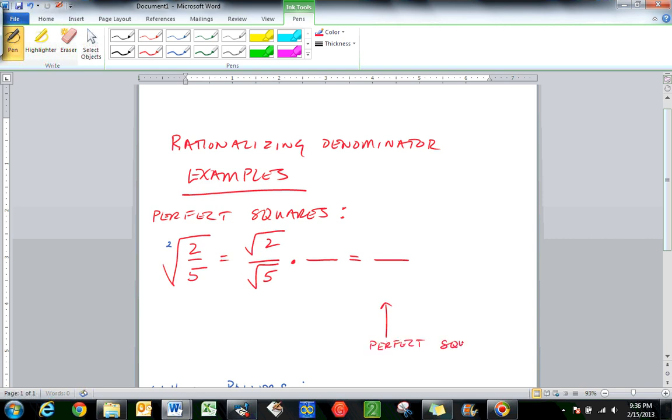So we were trying to create a perfect square. And of course, if you take 5 times 5, you get 25, and that gives you the perfect square. And then of course, that's what we were trying to accomplish, because we knew in the long run that that would eliminate the radical from the denominator.